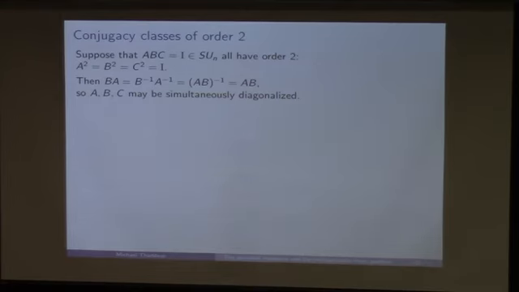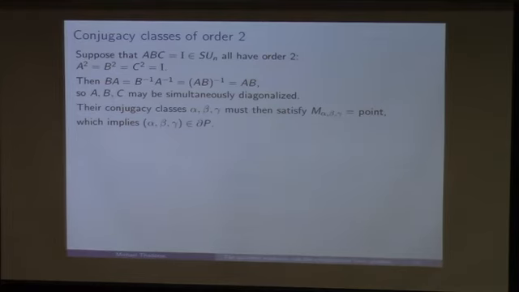So they may be simultaneously diagonalized. And that means that in the moduli space of such triples in this conjugacy class, there's only one element, because anything is conjugate to these. And so that means that the moduli space is a point. And those of us who have been playing this game for long enough know that when this moduli space is a point, that means that you must be on the boundary of the polyhedron where the moduli space is not empty. If the moduli space is a point, then it means it's about to disappear. All right, so let me not elaborate on that.